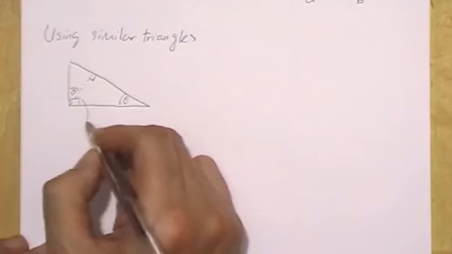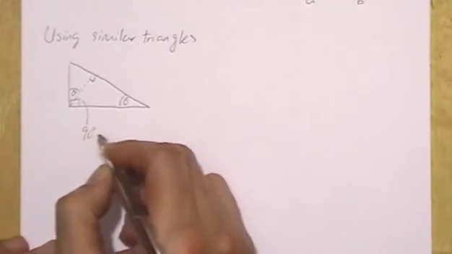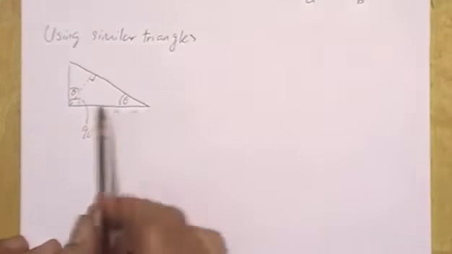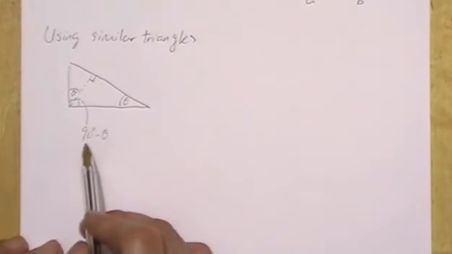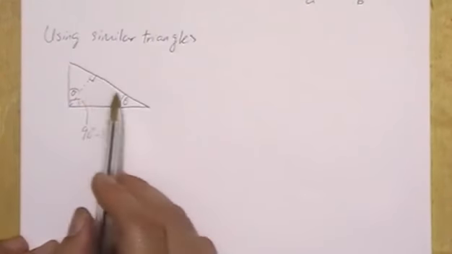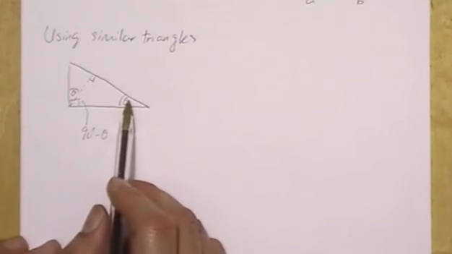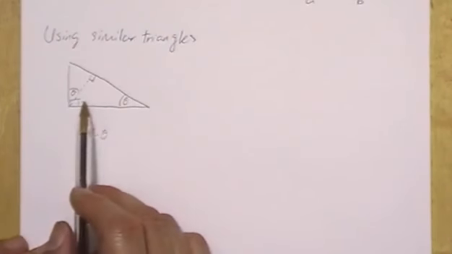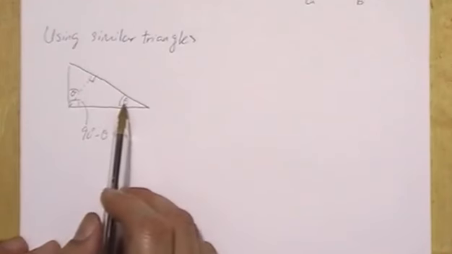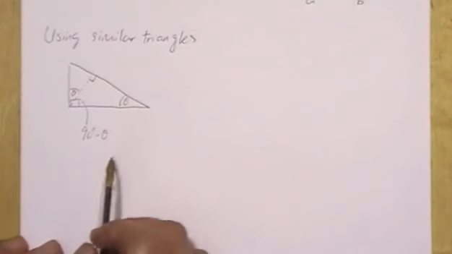This angle here would be 90 degrees minus theta, and then we need to check if this plus this plus this is 180 degrees.